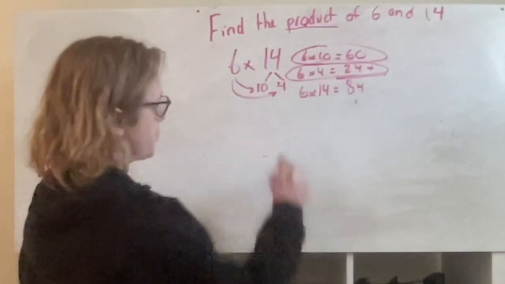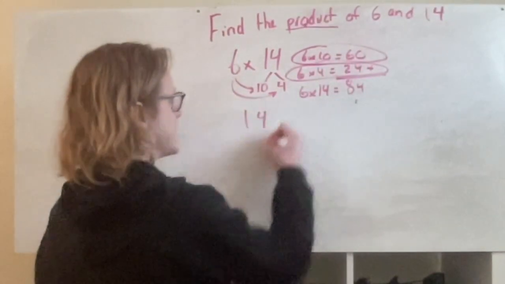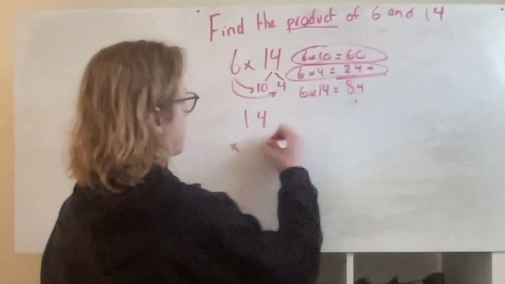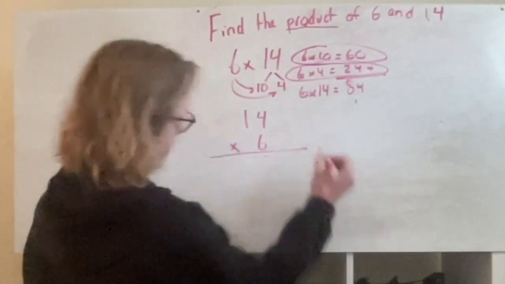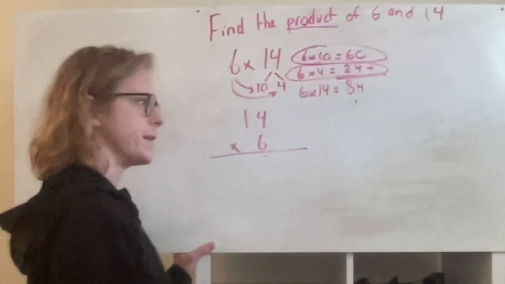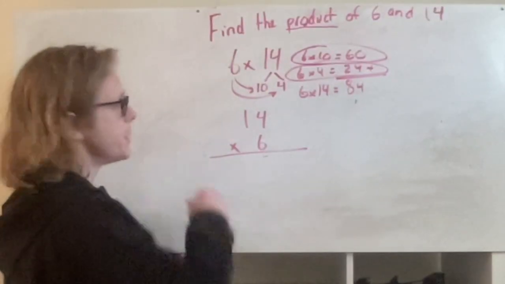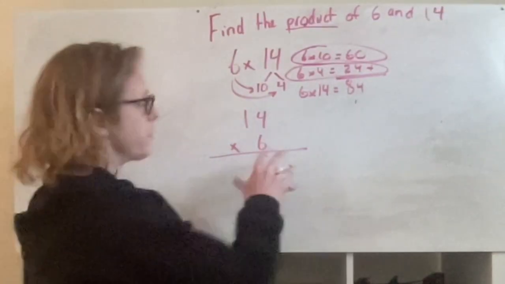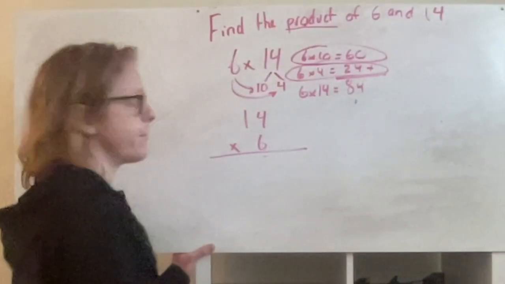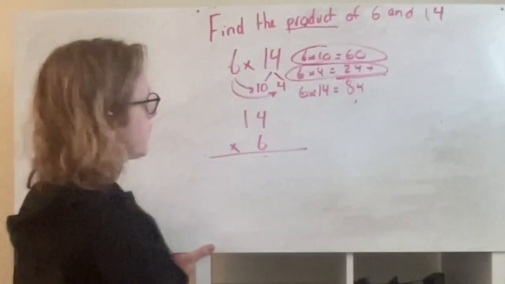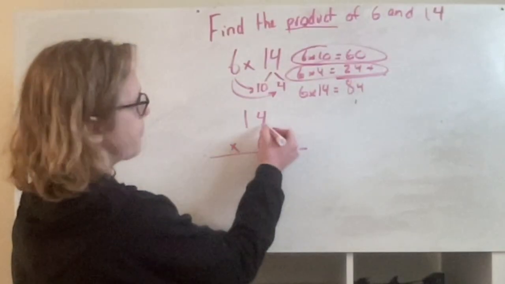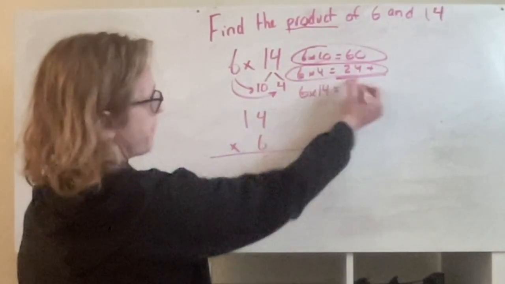Okay? When we do the standard algorithm, it's the exact same process. Now, I'm going to show it in a slightly different way than we ultimately do it, just for clarity's sake, okay? But then we'll do it again the most efficient way, the way that we're really going to end up doing it. So here, 6 times 4 gives me 24.